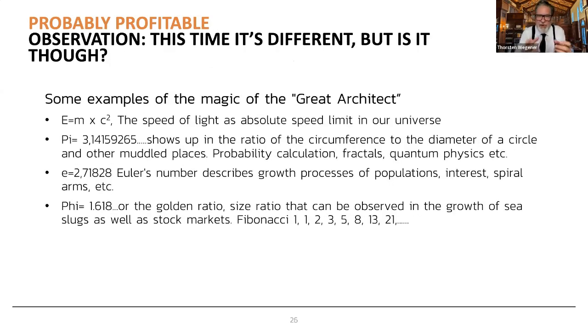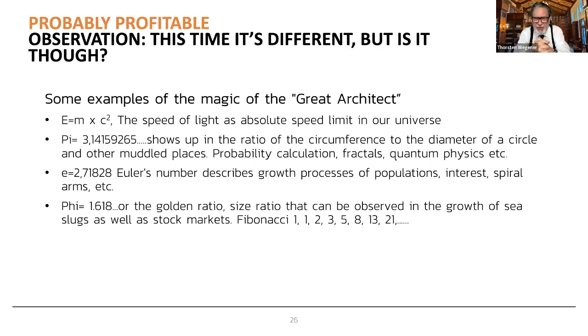Some examples of these stereotypes in air quotes, or the magic of the great architect, is obviously the speed of light. Nobody actually knows why it is the number it is. And what Einstein made out of his famous formula, energy equals mass times the speed of light squared. Then we have pi. And I do a lot of calculations for a living.